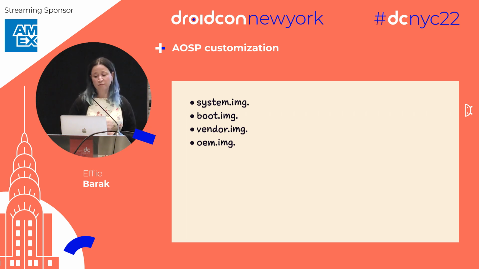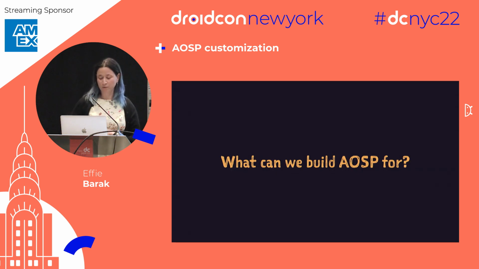We're going to see the vendor image, which is all the proprietary drivers and things that are specific to that vendor. We're going to see the OEM image, which is where the carrier-related configuration and customization live. There's a bunch more images. I thought these were just the more important ones.